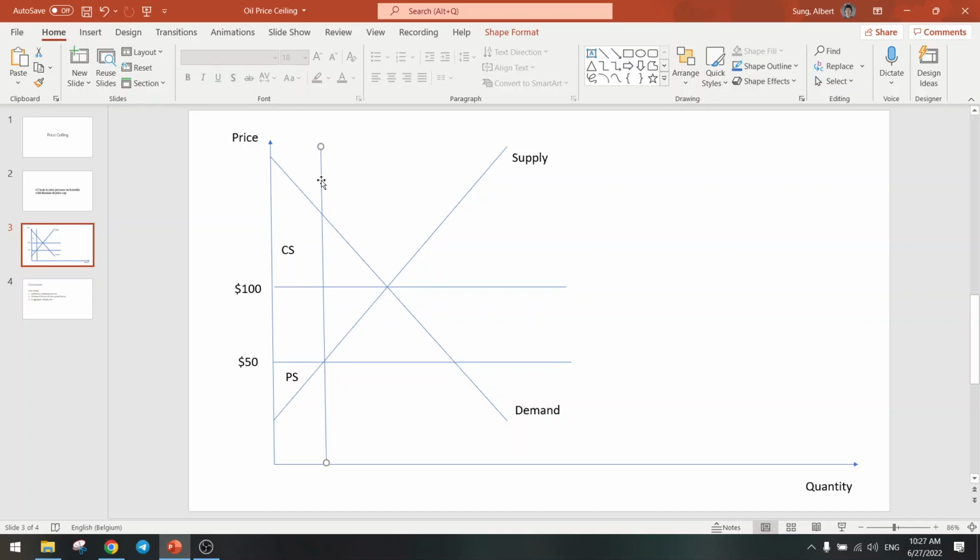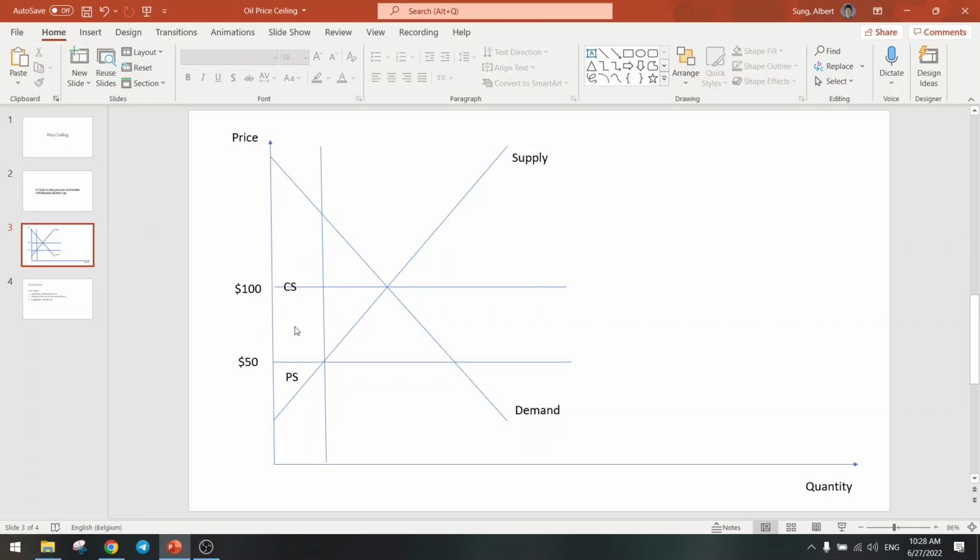But now, with this new price ceiling here at 50, we shifted the curve to the left, okay? We shifted it to the left, and now the producer surplus has shrunk to this small triangle, okay? So we have a smaller producer surplus. And what's the consumer surplus?